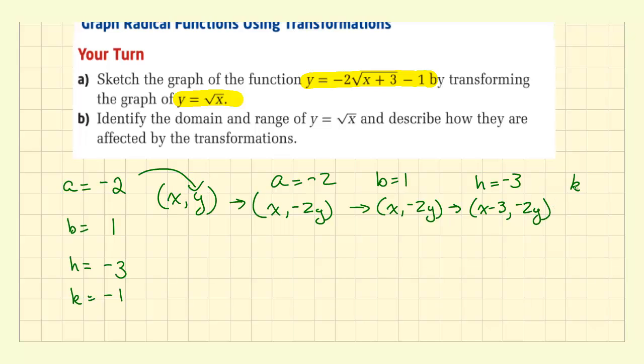And then finally our k value is equal to negative 1. That's going to be a vertical translation down 1, so that's going to affect our y-coordinate, and we're going to have x minus 3, and then negative 2y minus 1. So that's the map to get the new set of coordinates. I'll just rewrite that here as x minus 3, comma, negative 2y minus 1.